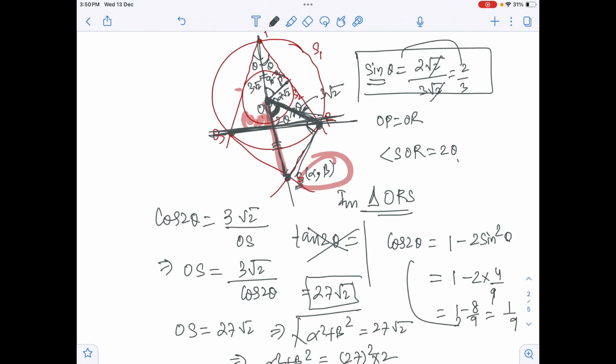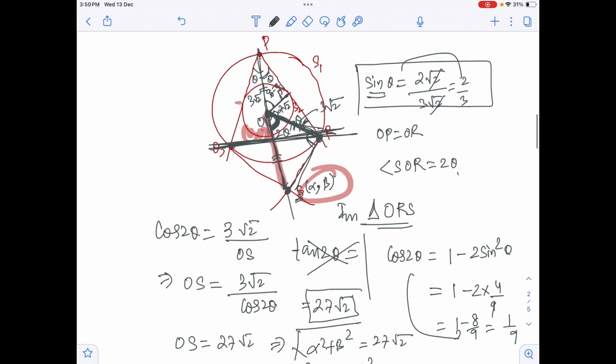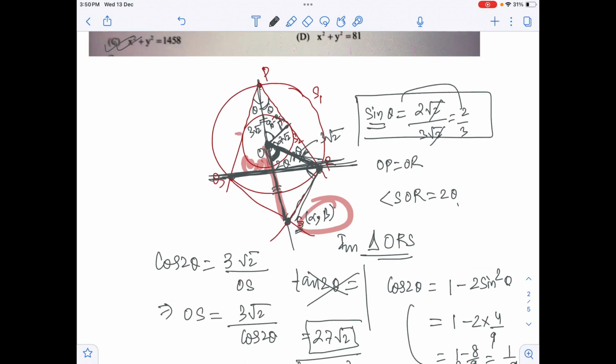And then you can see that QR also serves as the chord, like QR is also the line at which PQ and PR intersect. So maybe from here you can get something. A little bit of hint I'm giving you for method 3.